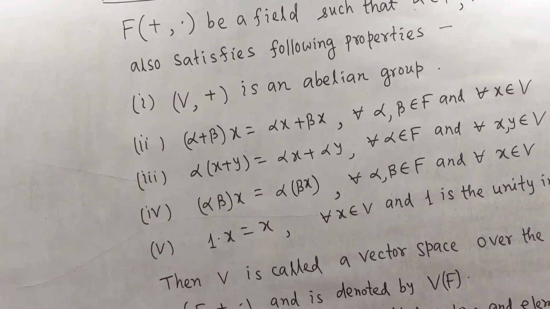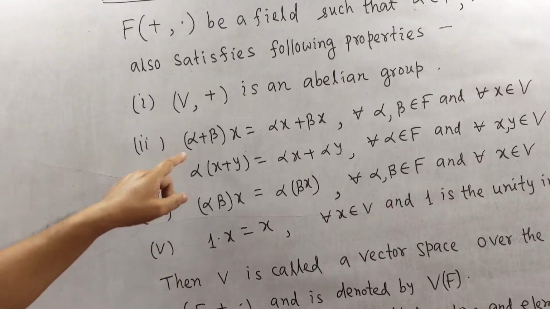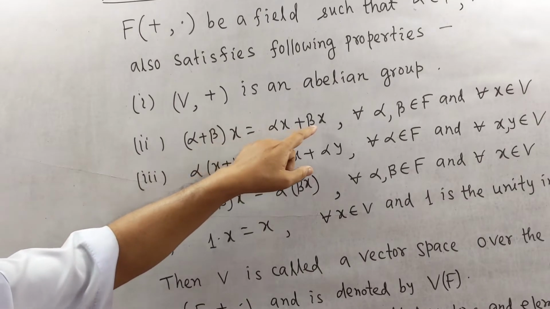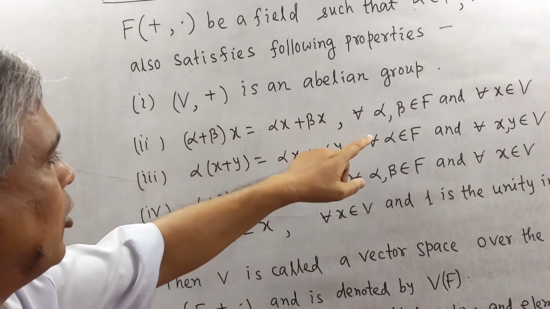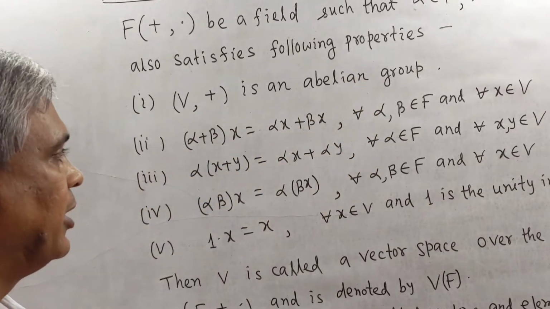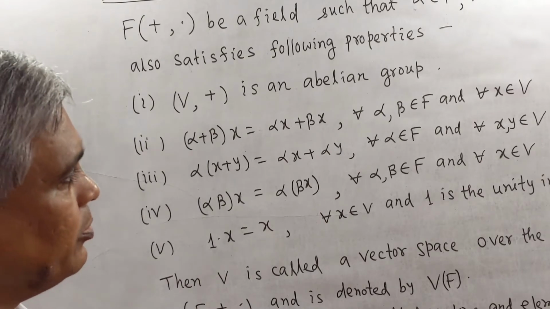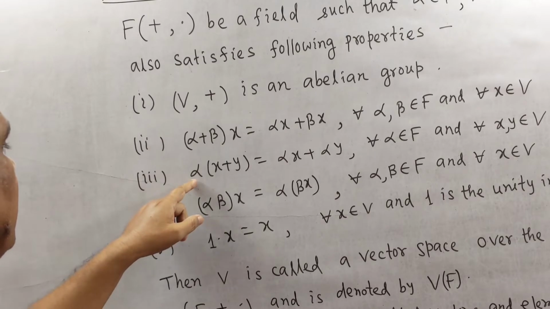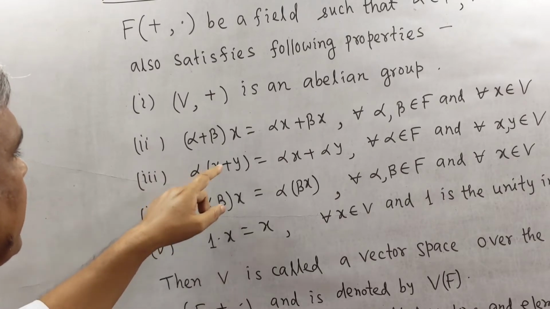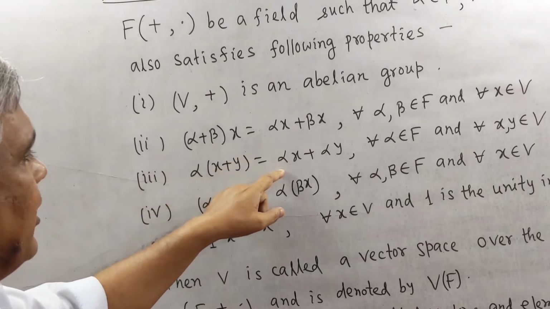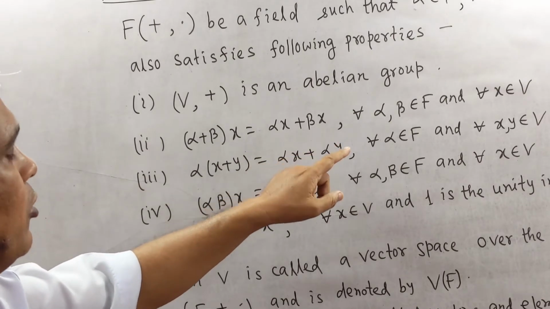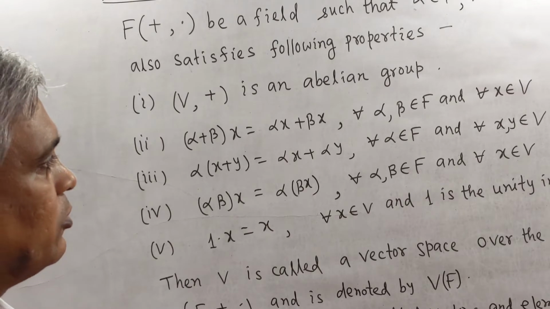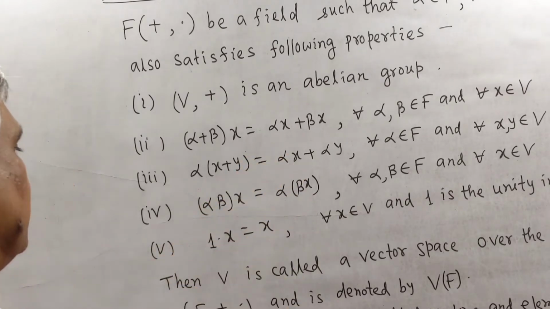Number two: (alpha plus beta) x equals alpha x plus beta x for all alpha, beta belongs to F and for all x belongs to V. Number three: alpha (x plus y) equals alpha x plus alpha y for all alpha belongs to F and for all x, y belongs to V.